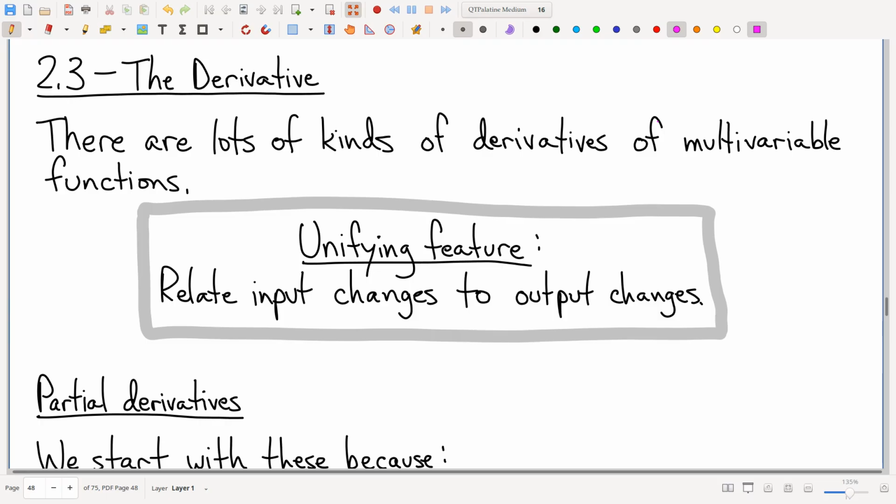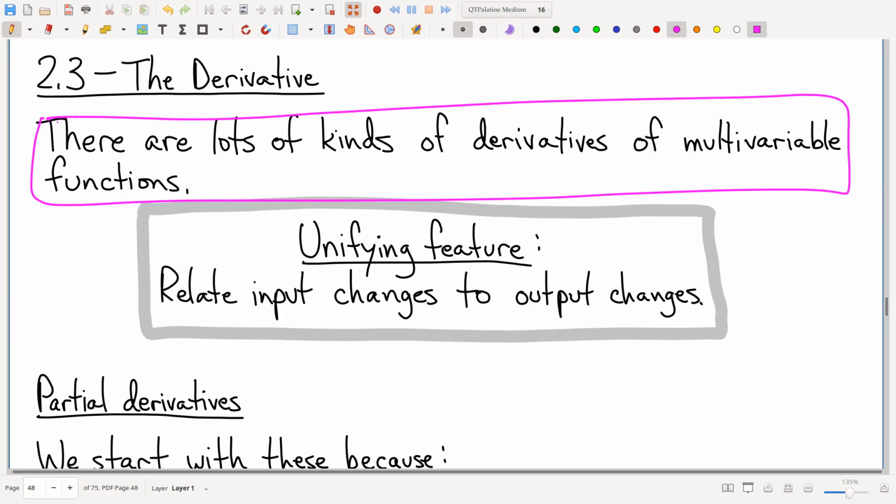Okay, so we're going to talk about derivatives. This is a weird statement right here. There's more than one kind of derivative, and I don't mean with respect to different variables. I mean there are qualitatively, fundamentally, importantly different constructions, all of which are in some way or another derivatives.